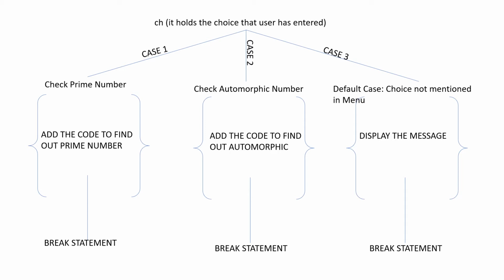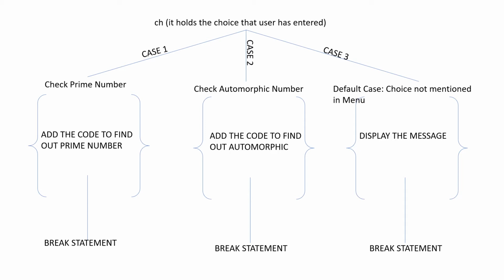So, we would apply switch case over the value of ch, and inside the switch, create a separate case for prime and automorphic number. And the last case would be the default case to handle the situation where the user enters a choice which is not mentioned in the menu.